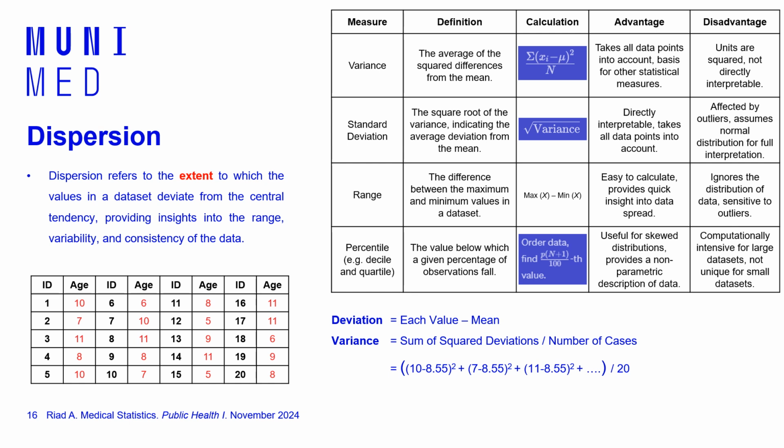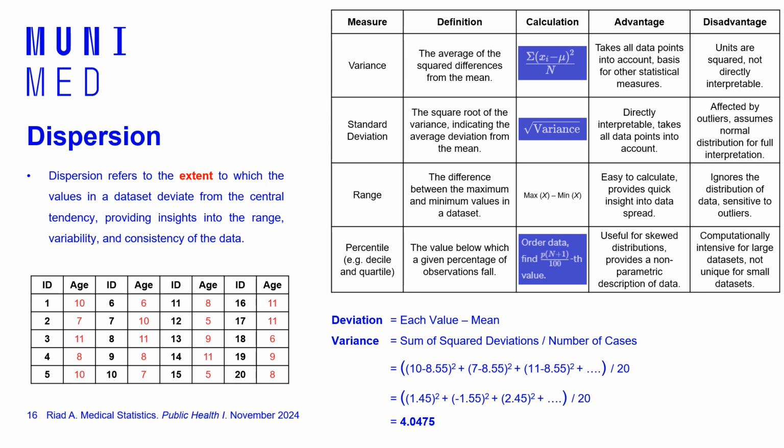And all of it should at the end be divided by 20. For example, 10 minus 8.55 is 1.45, and you can do the rest for the 20 cases. And finally, the variance in this case will be 4.475. All right, so this is the variance.